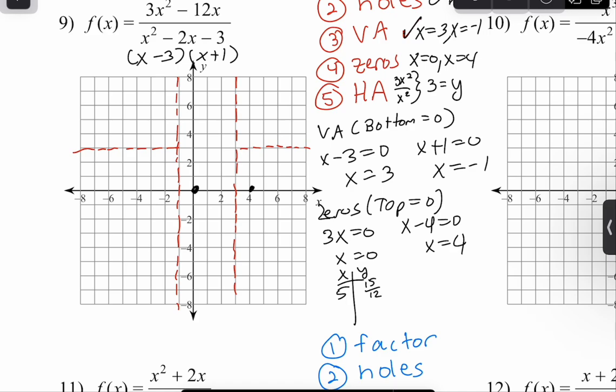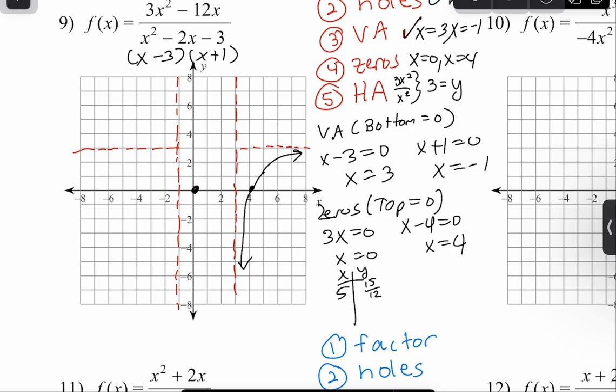Let me do that one more time. So if I plug in 5, I got 15 on the top, that's right. And on the bottom, I get 2 times 6, I get 12. So it's just a touch over 1. So go over to 5. We know it's a touch over 1.